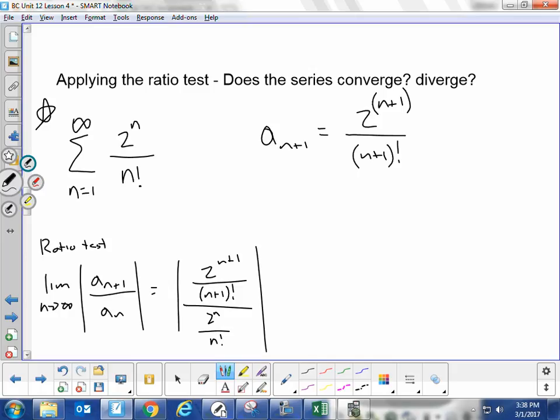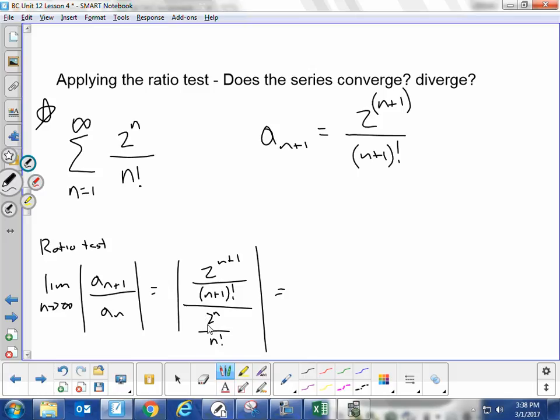Now, this is never going to be negative, so I can get rid of my absolute value after this step. I don't have any flip-flopping in the signs. It's going to be positive, so the absolute value is going to go.